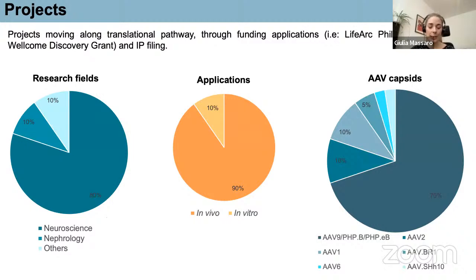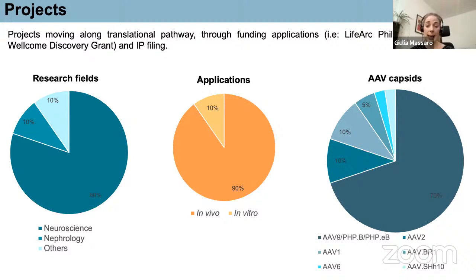In terms of projects, I'm very pleased to say that most of the projects that we've been involved in are moving towards the clinic and along the translational pathway, and our help using the facility and getting these products done helped many researchers with funding applications.